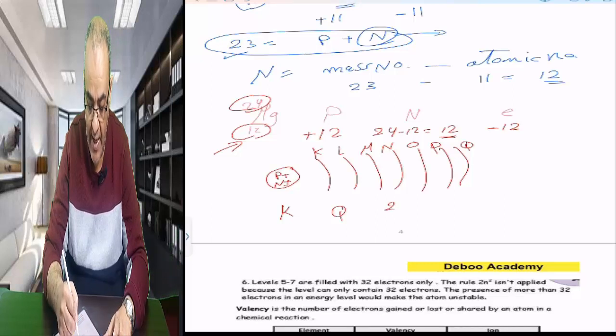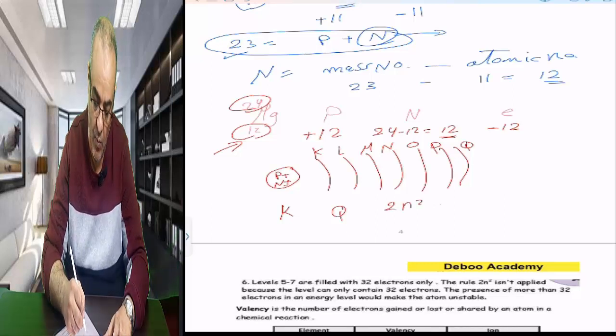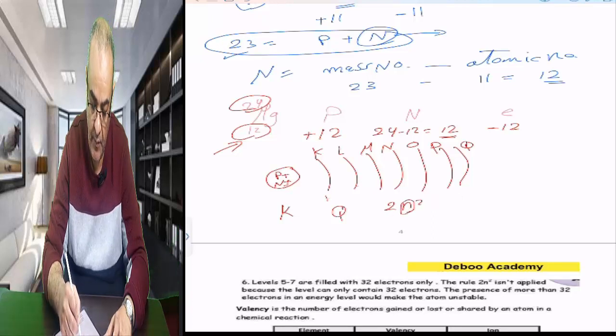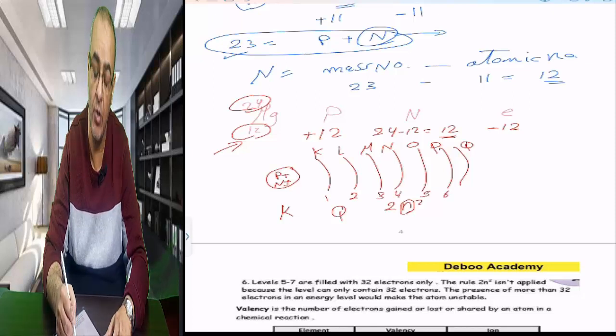So we replace n with the number of the energy level: 1 for K, 2 for L, 3 for M, 4 for N, 5 for O, 6 for P, and finally 7 for Q.